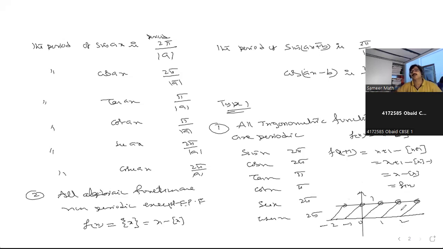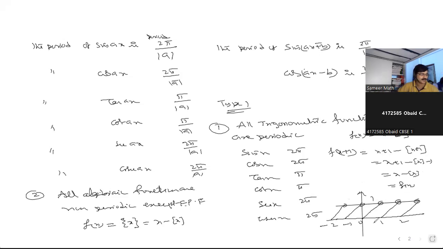The height is 1. You see here, it is repeated, and I proved it here. Even though you take 2, you will get the same. You take 3, you will get the same. But the least positive one means 1 only. So algebraic functions are non-periodic except the fractional part function.